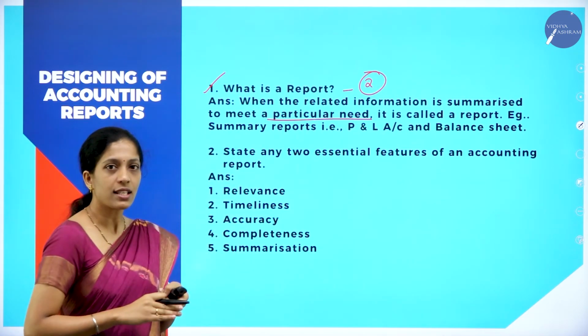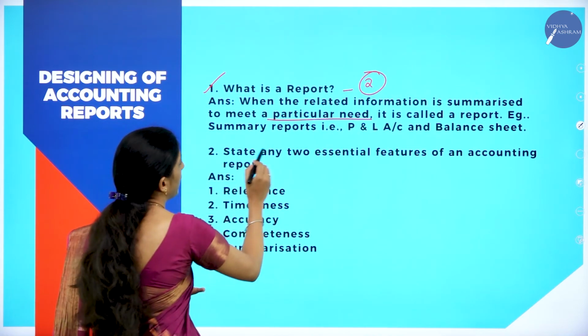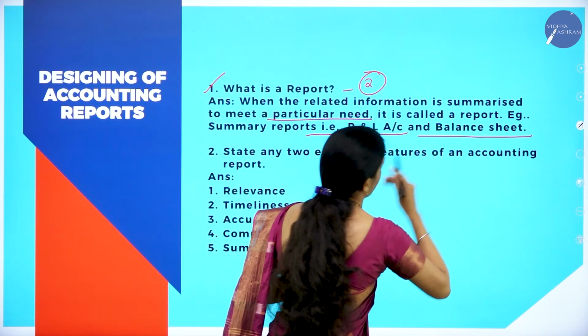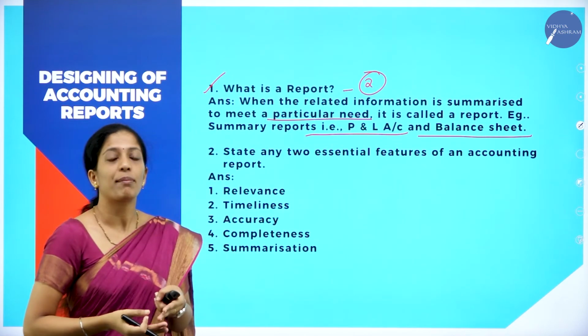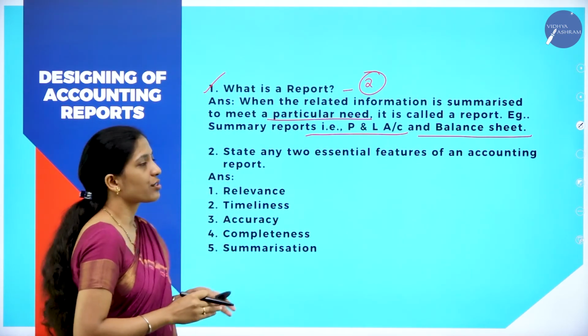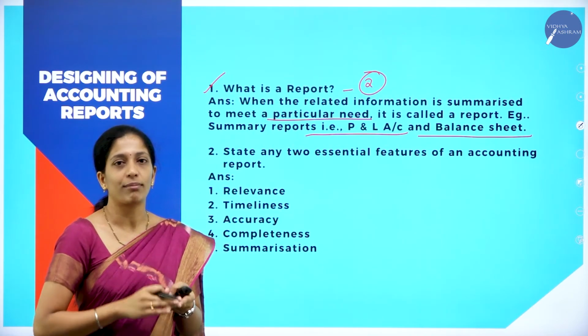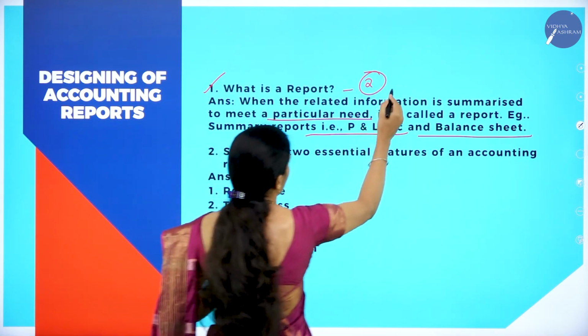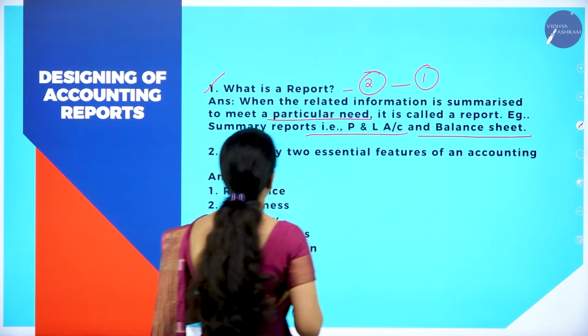The example is summary report, under which we come across profit and loss account as well as balance sheet. So this is for 2 marks, or you might get it for 1 mark also.